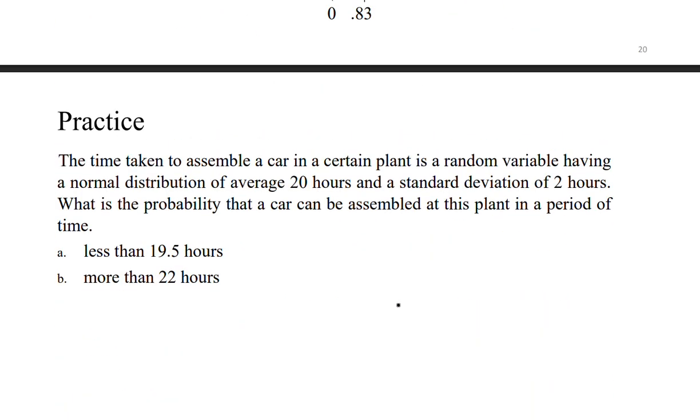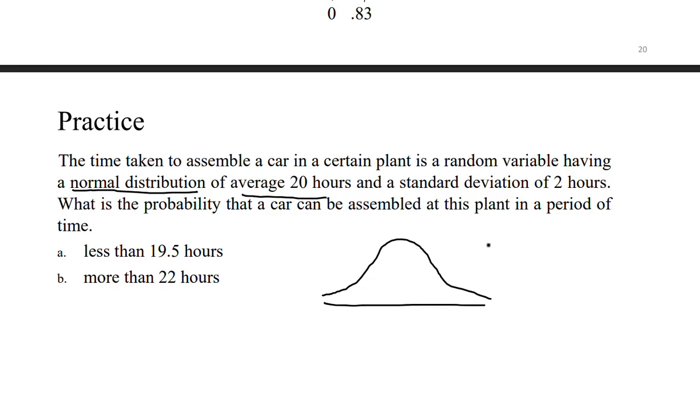There's a practice question here. I want you to look up the exact same thing, and we will discuss it when we meet. Here we are looking at the time taken to assemble a car following a normal distribution. Again, it tells us it's a normal distribution, so we need to know the mean, which it gives us here.